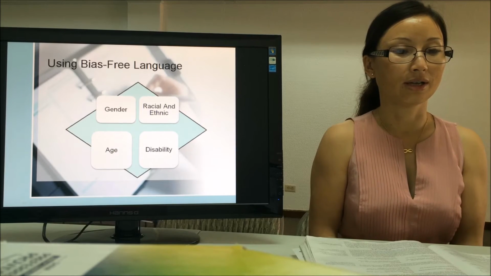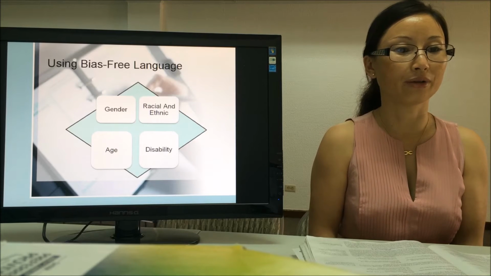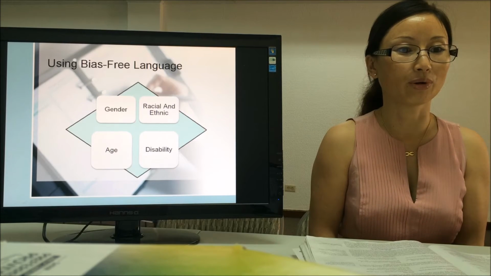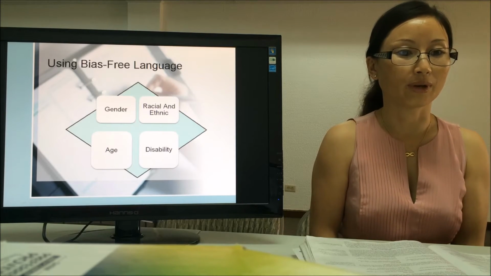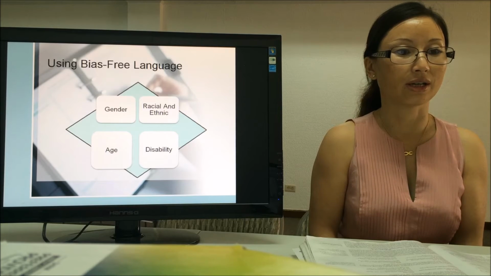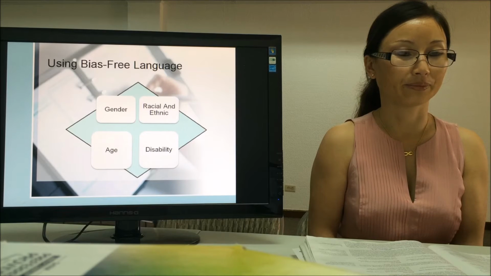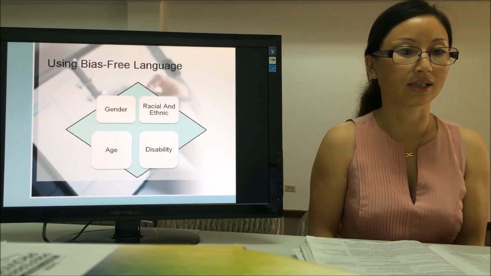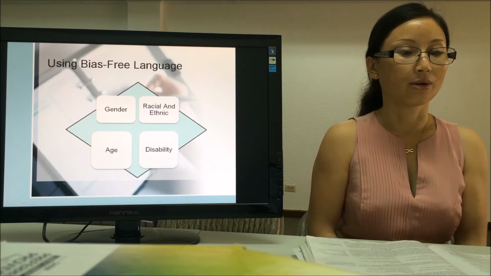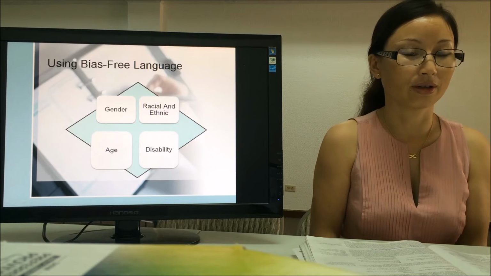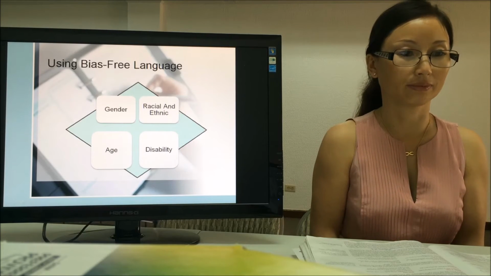Avoid sexist language by using the same label for everyone regardless of gender, such as mermaid, salesman. This is unacceptable. Should it be manufactured, human-made?